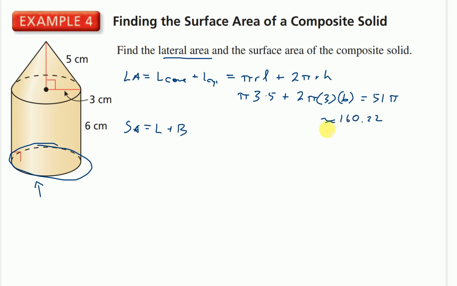We have the lateral area here, that's 160, and the base is pi r squared, so it's going to be 160.22 plus pi times radius squared, and that comes out to be approximately 188.5.